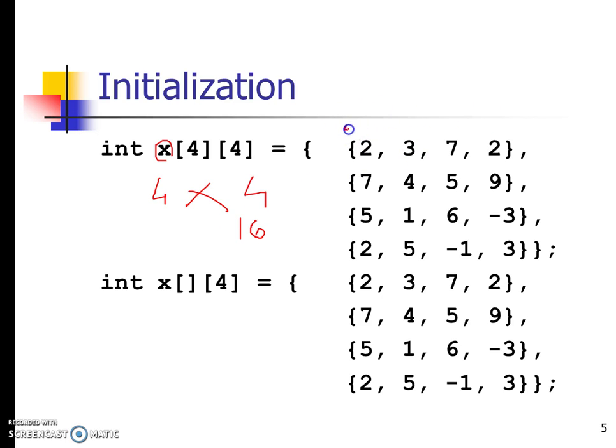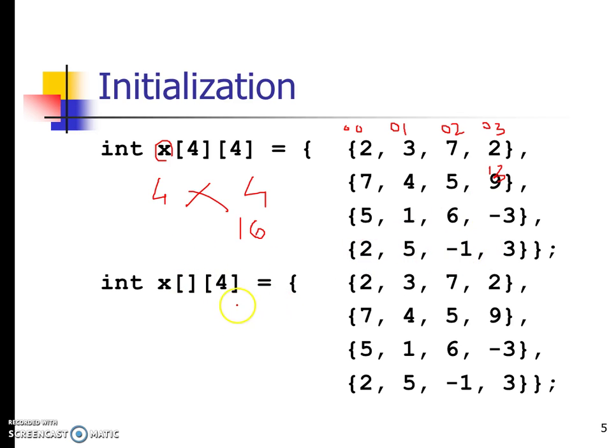It will be the 0th row and 0th column, this will be the 0th row and the first column, 0th row and the second column, and 0th row and the third column. Similarly, we have first row 0th column, first row first column, first row second column, and first row third column. This will be the third row and this will be the fourth row.